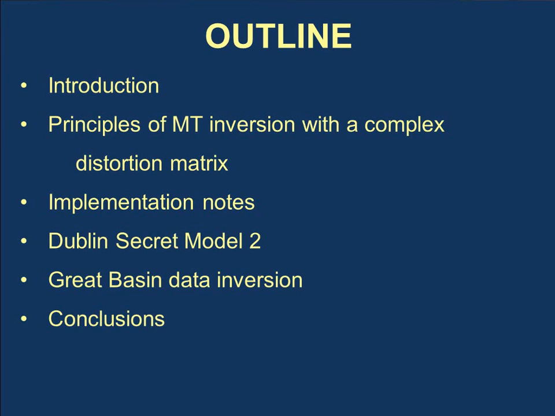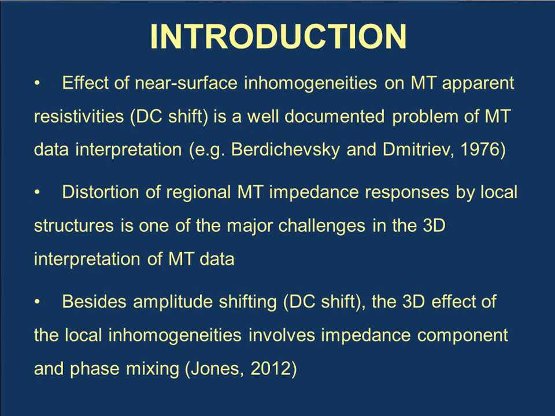Then we will look at the implementation, the code which we developed, and what the features of this inversion code are. To test the code, I will show you the results on very noisy and very distorted MT data computed from the Dublin Secret Model #2. And finally, we will look at the inversion result of the original low-frequency MT data collected as a part of the EarthScope project, and I will conclude on that.